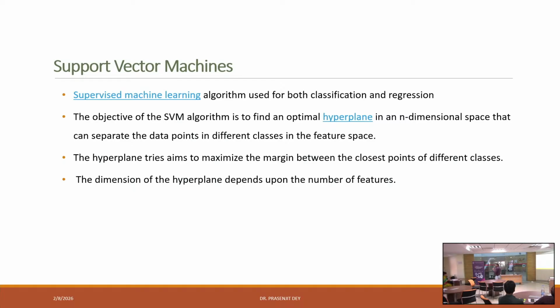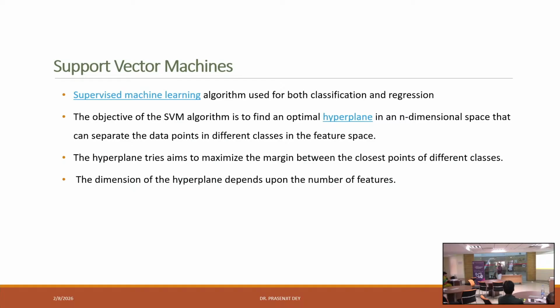If the data is 3D, you need a plane to separate them. So if I want to separate all the points on the floor and all the points on the ceiling of this room, there are a lot of in-between planes that can separate the data points of the floor and the ceiling.